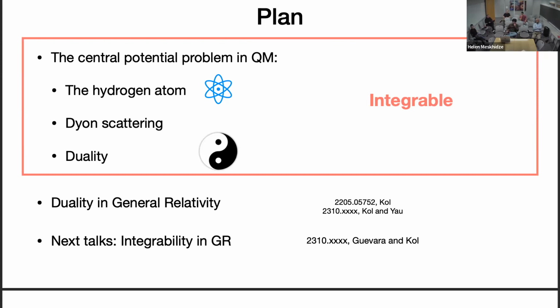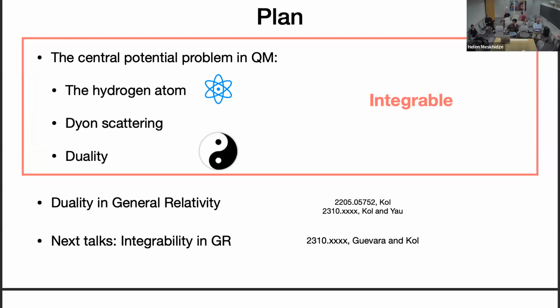This class of problems all boil down to the harmonic oscillator. They can be mapped to each other, and they are integrable. I will review this set of problems, and I will also emphasize the role of aspects of duality, electromagnetic duality. That will be a review that sets up the stage for the following discussion.